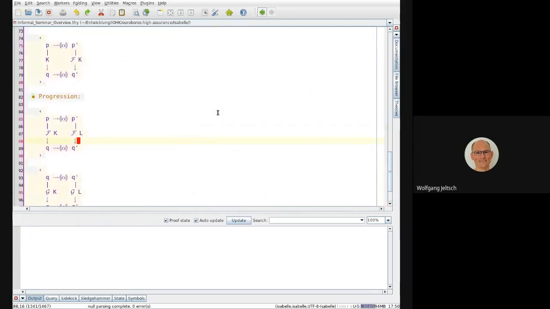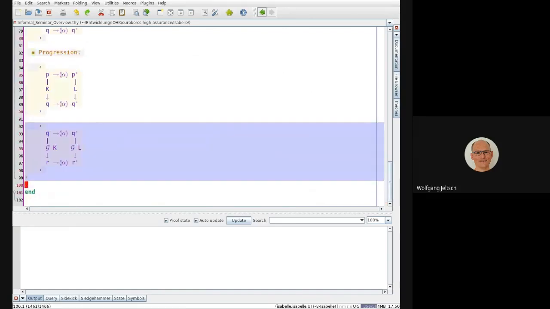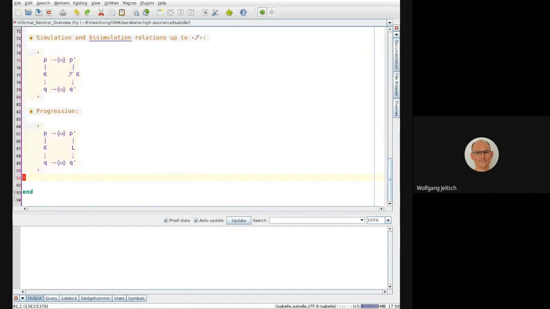And so what does this mean? Imagine we have equality on the left and on the right. It means that P and Q are equal. I can make a step with P, I must be able to make a step with Q, and these things must be equal.